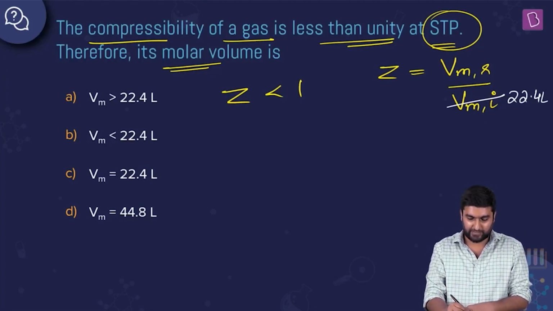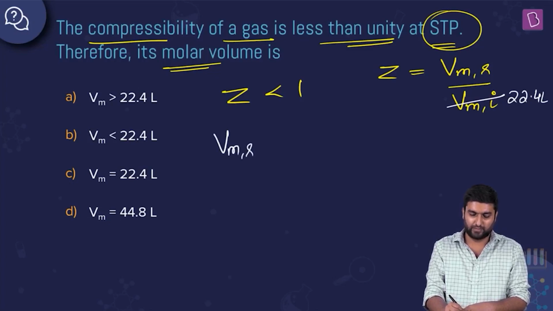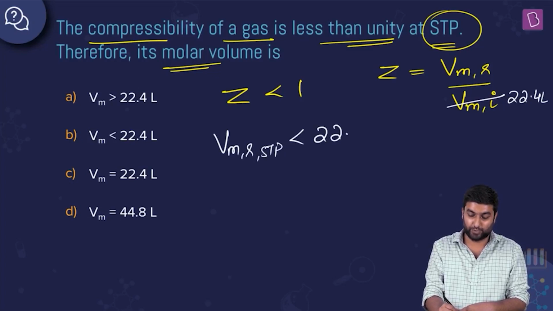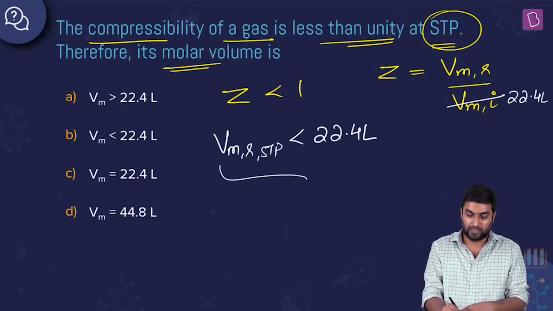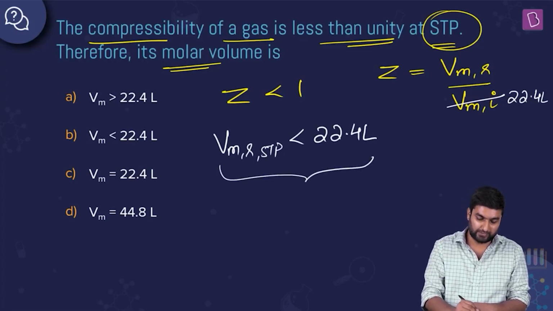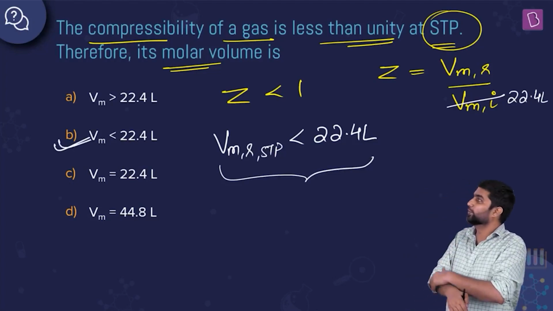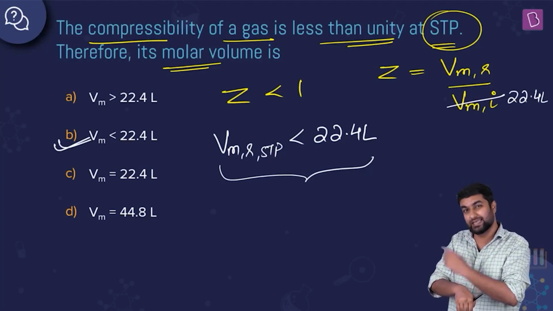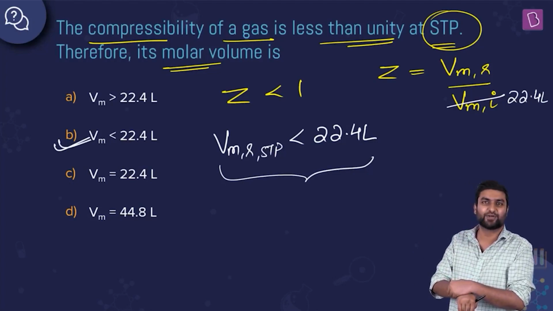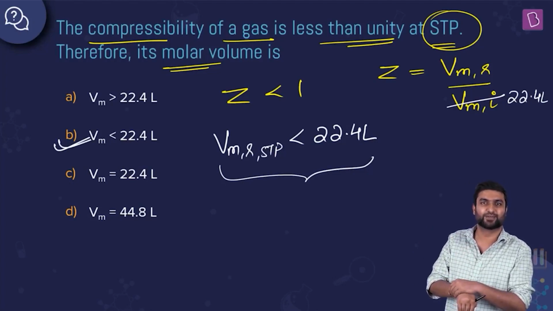So if that is the case, what we can clearly see is that V molar real at STP is obviously going to be less than 22.4 liters. And with that, I think we can clearly see that option B, B for Bombay, B for Bangalore, the sweet B over there, is indeed our correct response for this particular question.